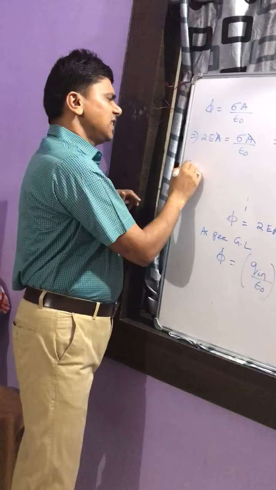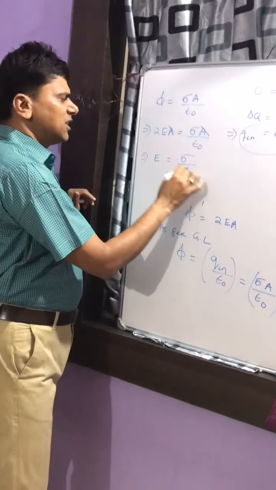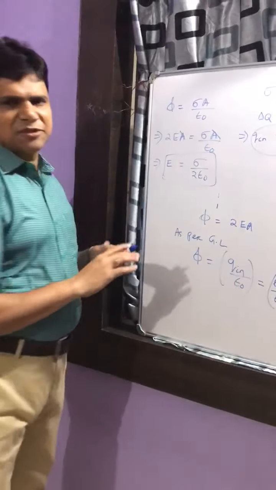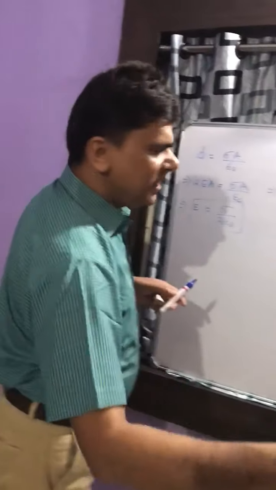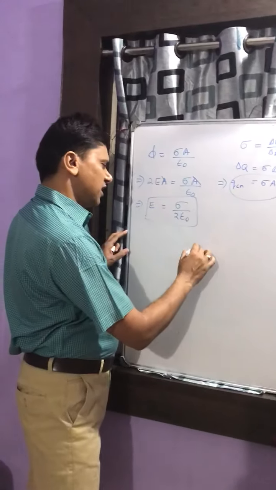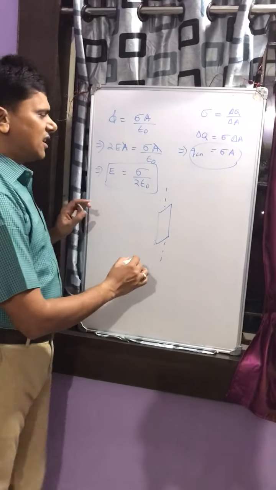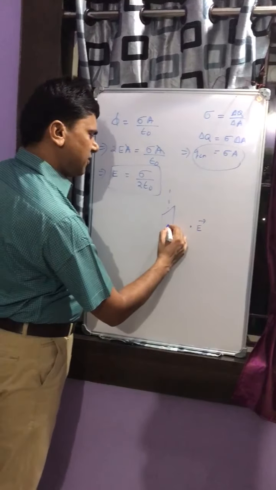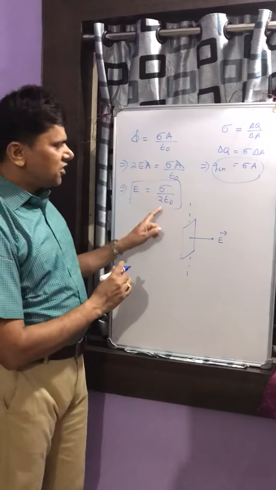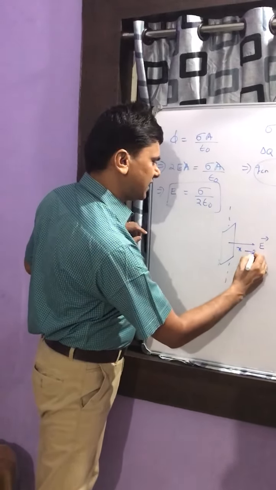So A cancels, and E will be equal to sigma by 2 epsilon 0. See this. One interesting point here is that the electric field does not depend on X, because this is an infinitely long charged sheet, and the electric field here does not depend on the distance X. This was our X.